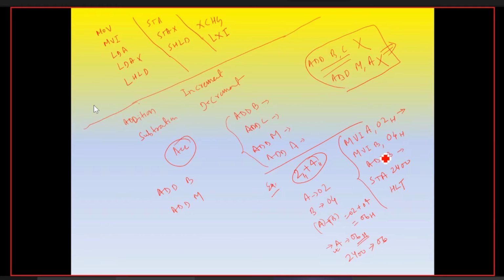So after this instruction, accumulator में दिखेगा 2, register B में दिखेगा 4, but after this instruction, the accumulator will show 06. And we can also check the content of any memory location. That is 06. STA 2400, halt.